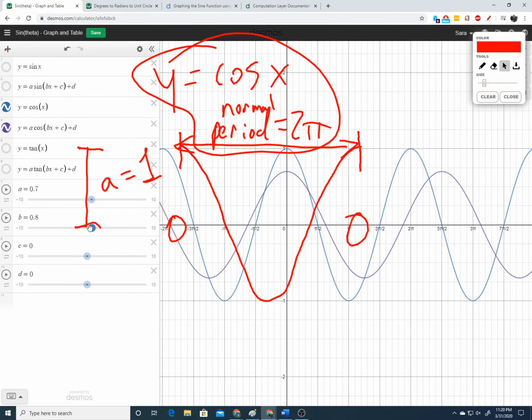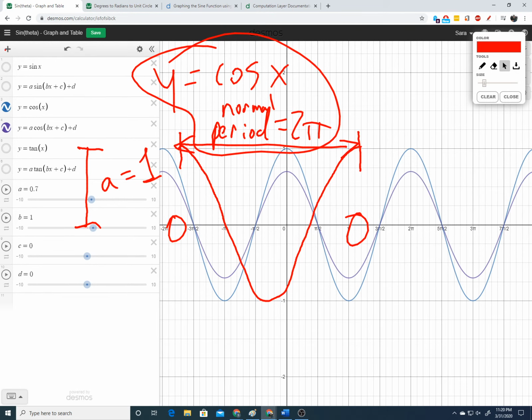Not going to worry about that right now, but I do want you to make a big deal out of this whole idea of normal period, because understanding what the normal period is helps you to understand how to adjust your graph in new and different ways so it can stretch like an accordion. Alright, so one more to go.